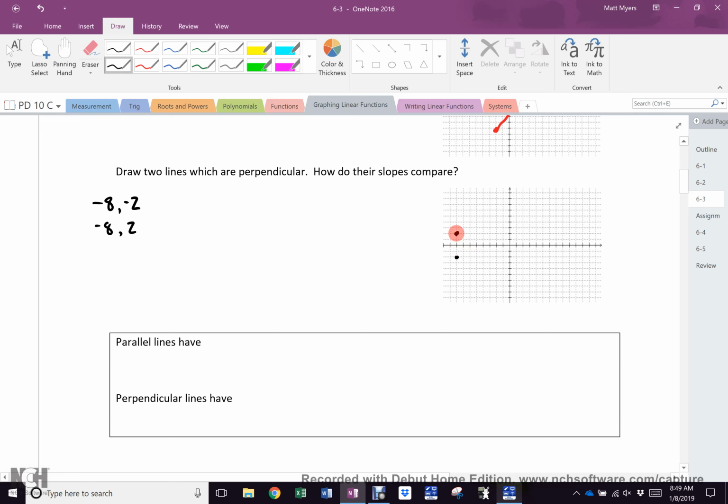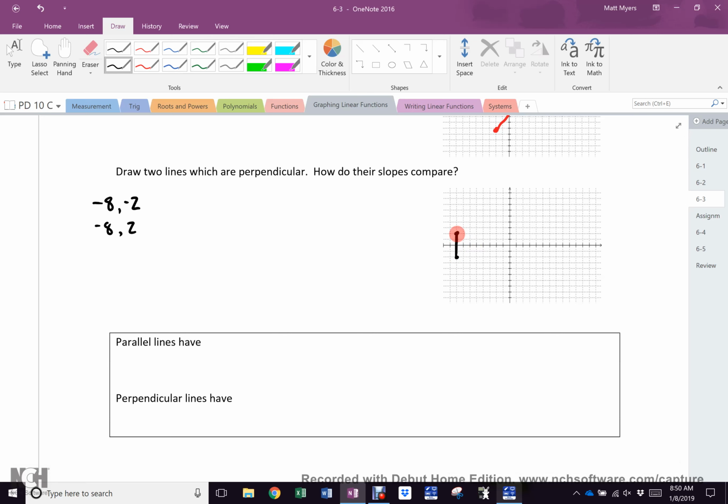And connect it. Now, you're intelligent young people. You know that that is what slope? Undefined, because it's vertical, right?